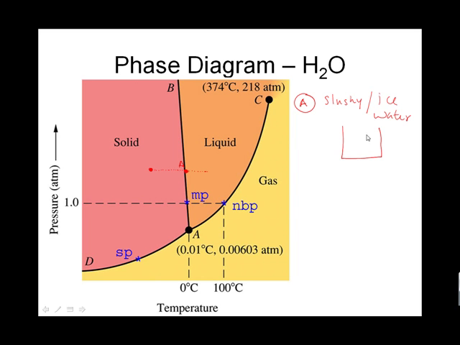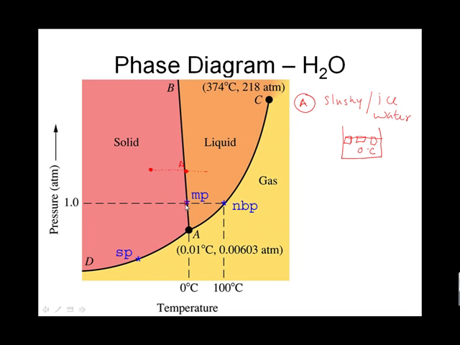So when I have water with ice in it, I am at 0 degrees Celsius. Water is going to be 0 degrees Celsius no matter how much water I have, because I'm in this between phase of a solid and a liquid.